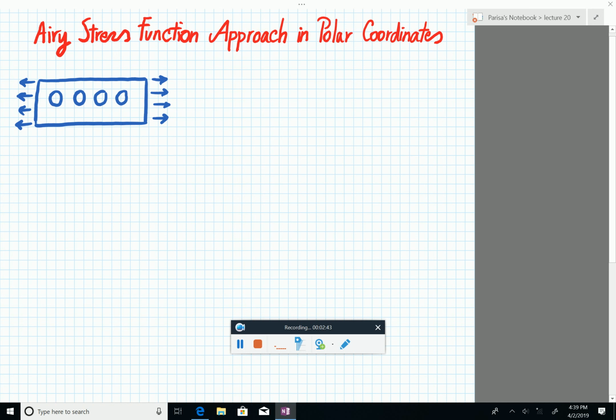Is this a problem that you think has any kind of application? Like, can someone think about any kind of realistic problem which requires you to find a stress, a strain, and displacement field in a domain which looks like this?